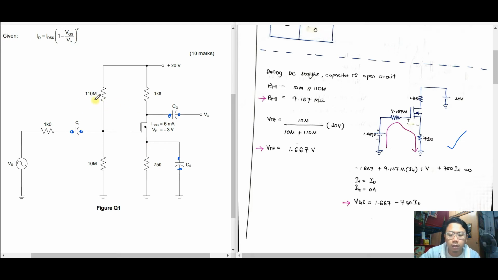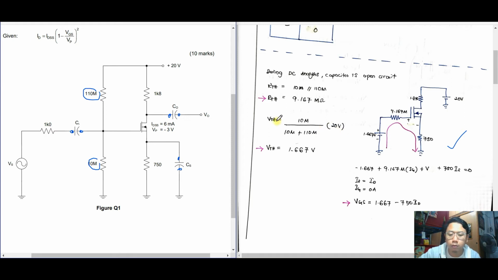RTH will be 10 mega ohm parallel with 110 mega ohm, and the value will become 9.167 mega ohm. To find the VTH value, 10 mega ohm over 10 mega ohm plus 110 mega ohm, times 20 volts.